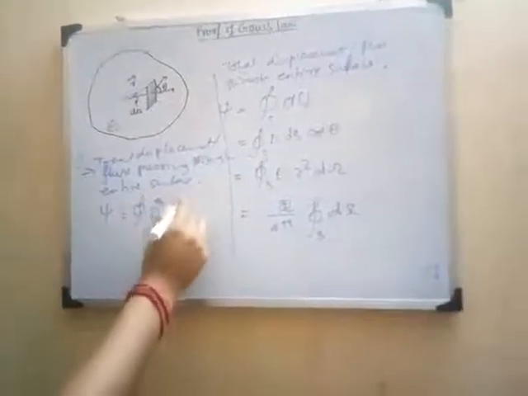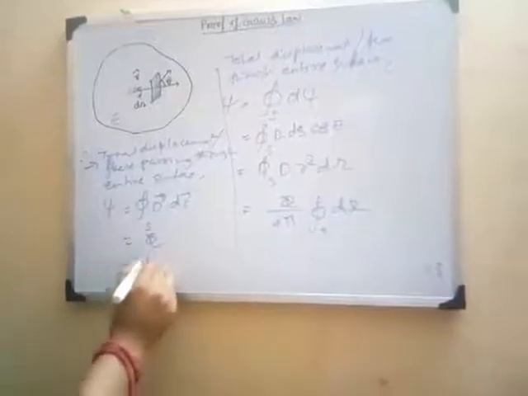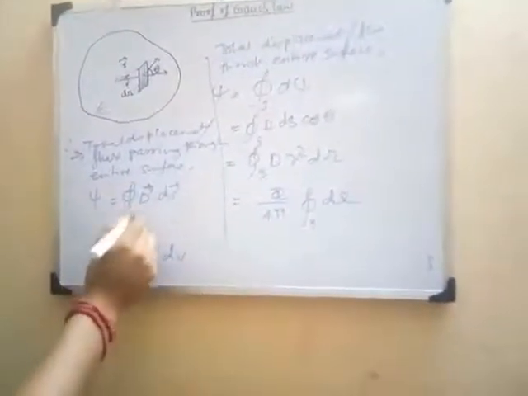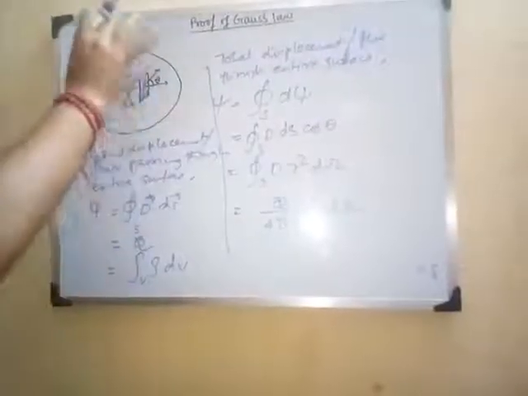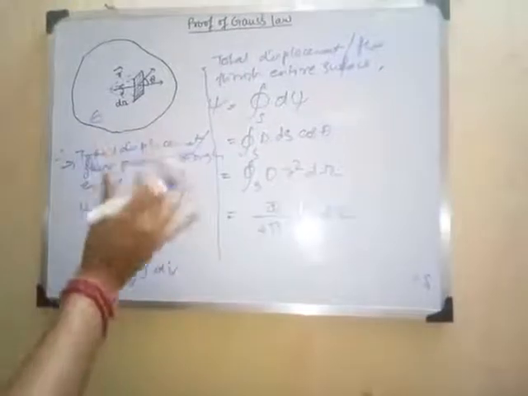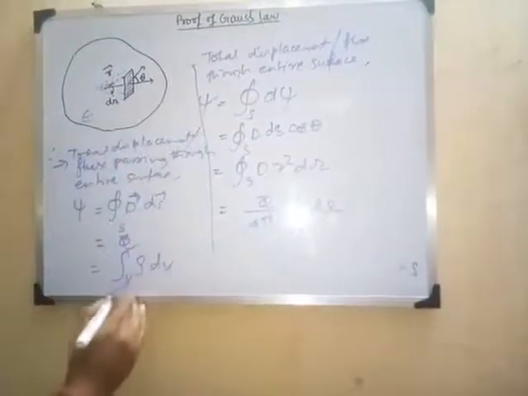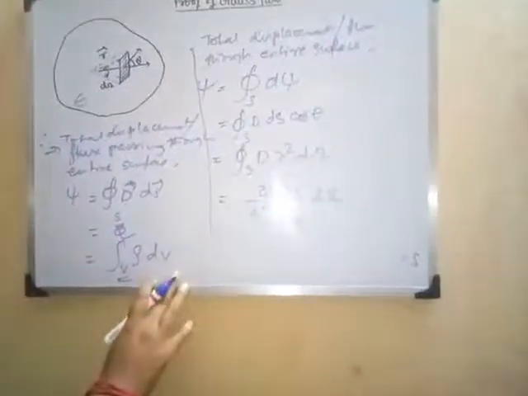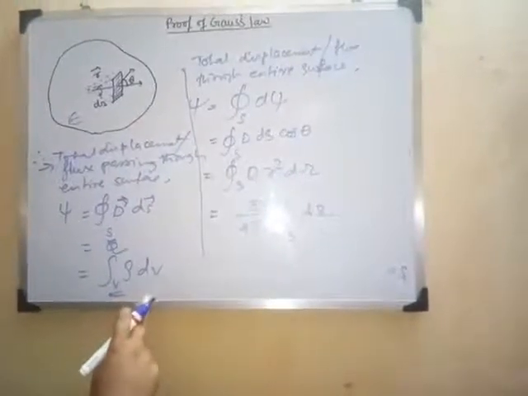These are vector notations. That means this will equal q, and that equals the volume integral of rho dv. Why? Because the closed surface integral of this flux, the flux coming from the origin to all sides of the sphere we are considering, gives the volume, so this will be rho dv. Hence Gauss law is now proved.